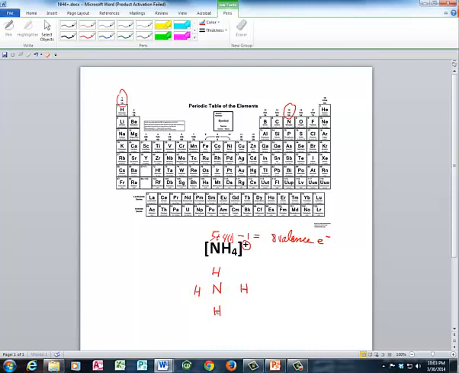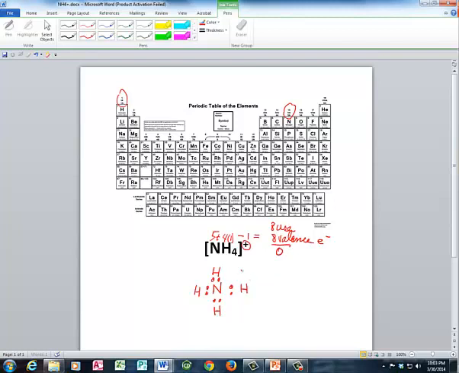Each hydrogen wants 2 electrons, and nitrogen wants 8 electrons. So 2 for hydrogen and 8 for nitrogen. Count them all up, 2, 4, 6, 8. If I have 8 valence electrons and I use 8 valence electrons, that means I have none left over.